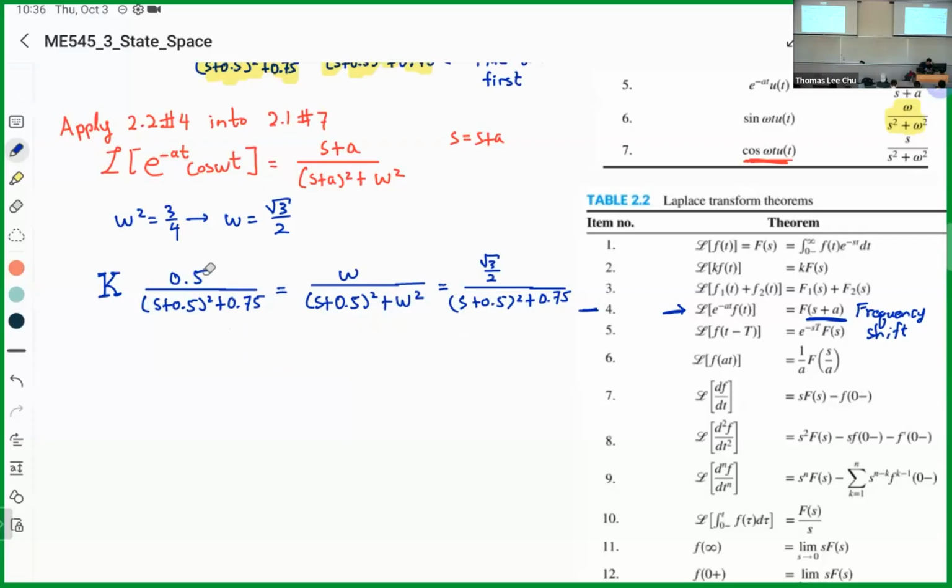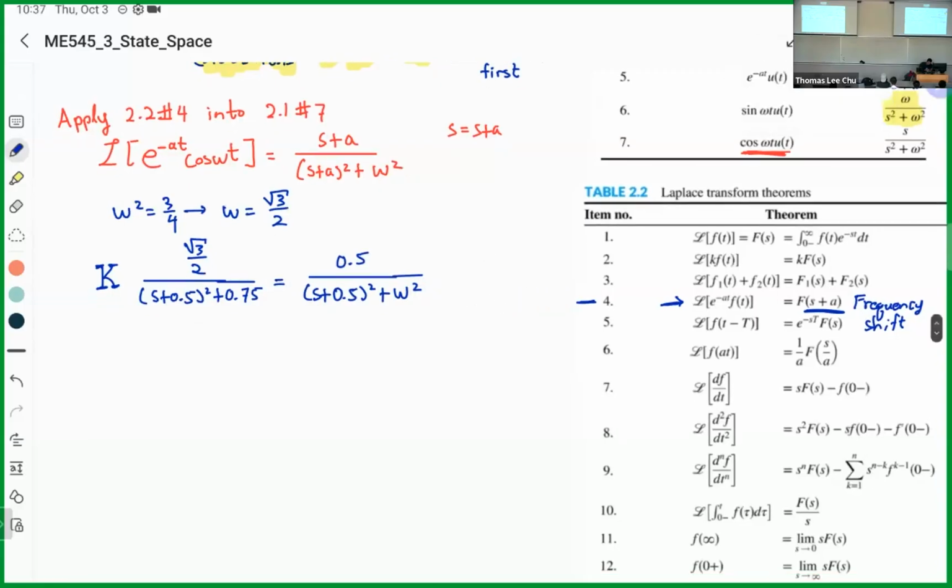We want k multiplied by 0.5 to be equal to √3/2.